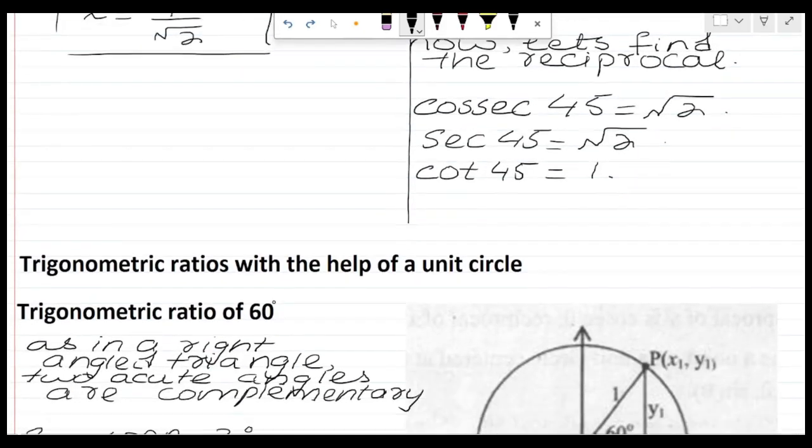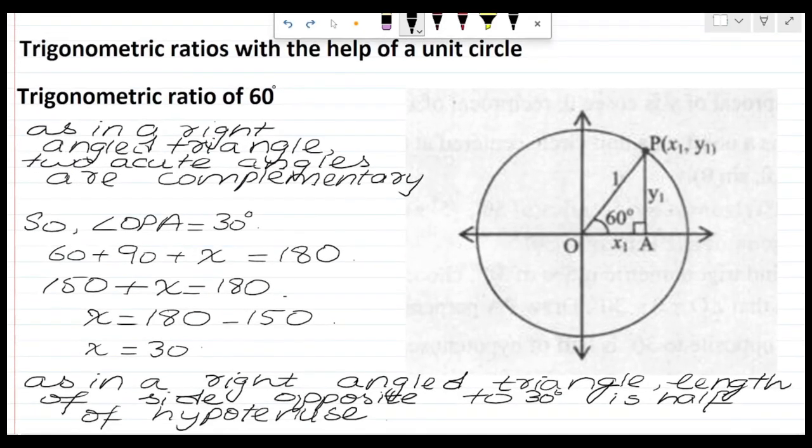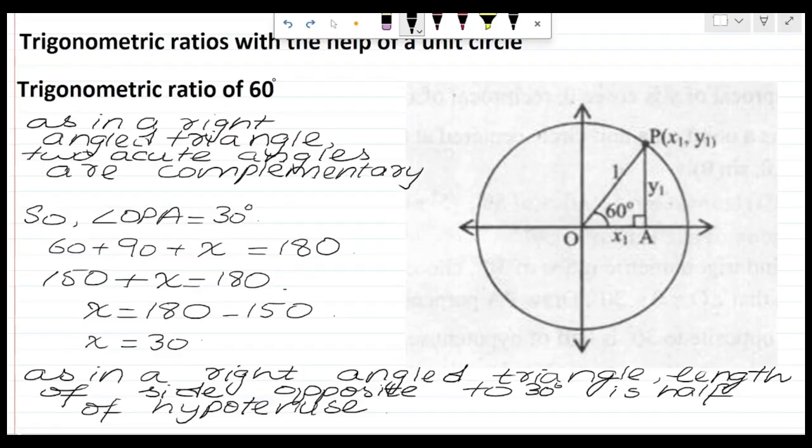Now let's move on to finding the trigonometric ratios of 60 degrees. In a right angle triangle, the two acute angles are complementary, so in triangle OPA, the other angle will be equal to 30 degrees. But how? To find the trigonometric ratios of 60 degrees, we will again follow the same steps.